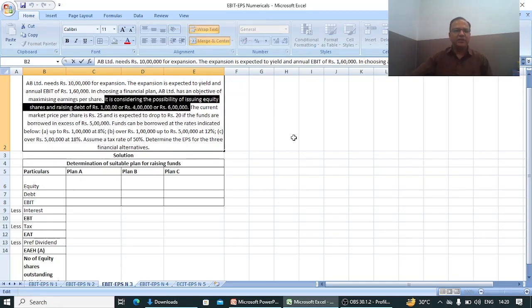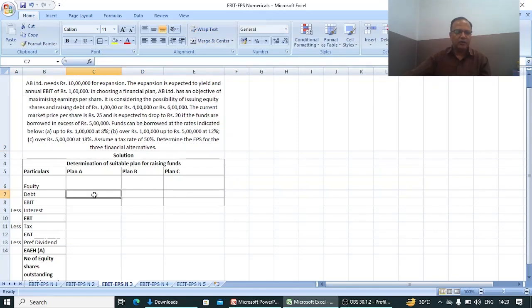It is considering the possibility of issuing equity shares and raising debt of rupees 1 lakh or 4 lakh or 6 lakh. 1 lakh, 4 lakh or 6 lakh.